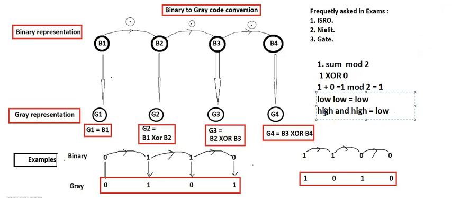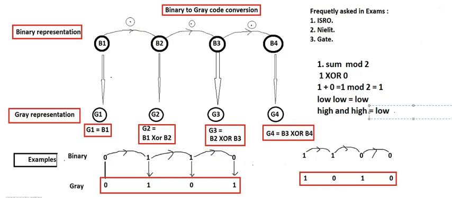So you can do it in both ways, either sum mod 2, or if the two bits are the same, then the output is always low, and if the two bits are different, then the output is always high. In this case, the two bits are different, so the output is 1. Here the two bits are the same, so the output is 0, or 1 plus 1 is 2 and 2 mod 2 is 0. Here also 1 plus 0 is 1 because the two bits are different, or the sum is 1 and 1 mod 2 is 1.